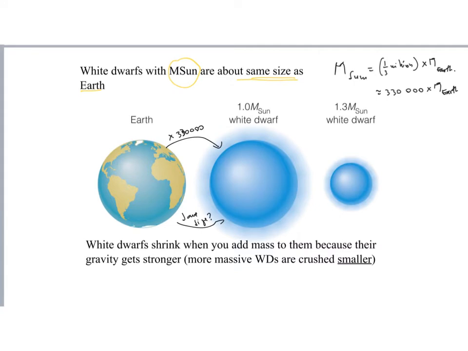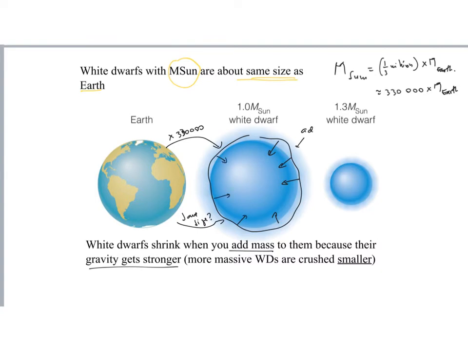Why is that? Any guess? Well, white dwarfs shrink as you add mass because their gravity gets stronger, right? So you add another layer of matter on this one, and that's going to make the force of gravity that's pulling from all directions even stronger.